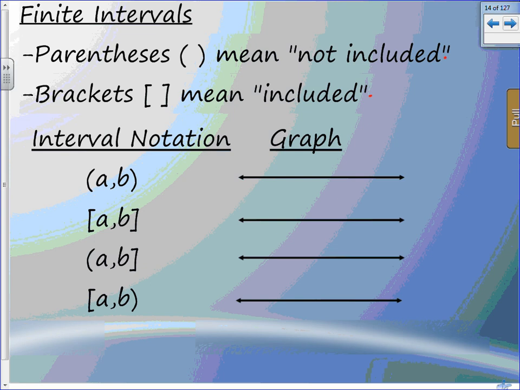So on a number line, if we had two values, A and B, the way we show the graph is we use parentheses on the graph to show that those values aren't included. And previously, instead of showing the parentheses, we would have shown an open circle.